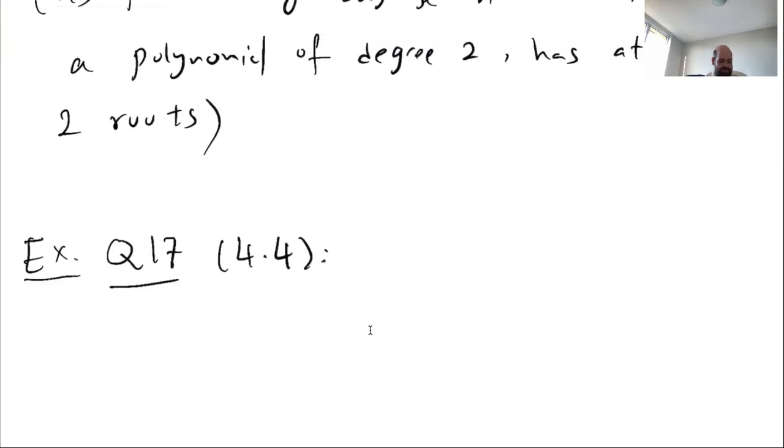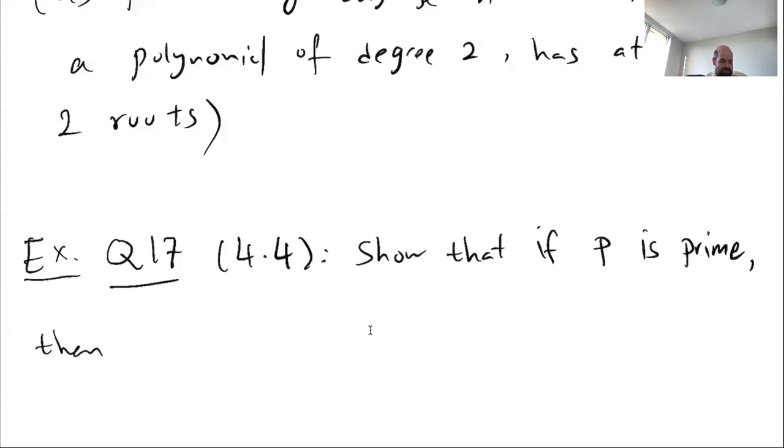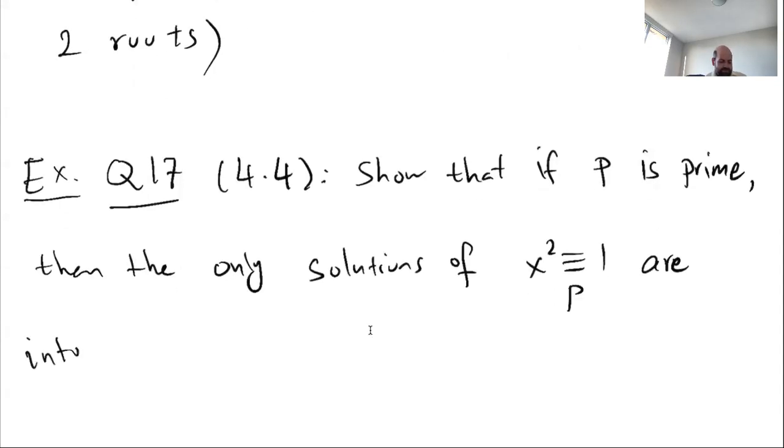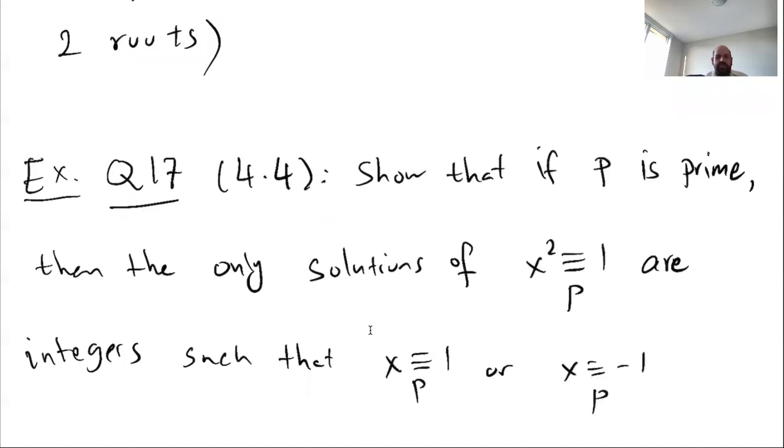Show that if p is prime, then the only solutions of x squared congruent 1 mod p are integers such that x congruent 1 mod p or x congruent minus 1 mod p.